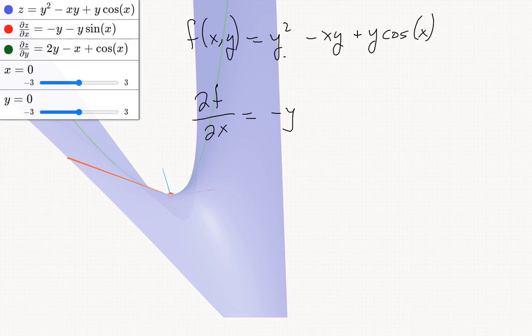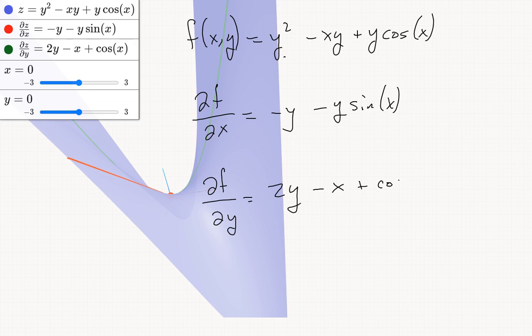And then y is the coefficient in front of cosine of x, so this becomes negative y sine of x. Then for del f by del y, this will now be 2y, now minus x is the coefficient of y, and plus cosine x is the other coefficient of y.